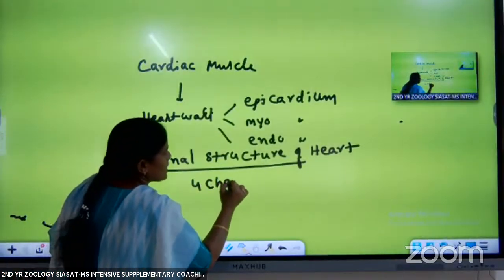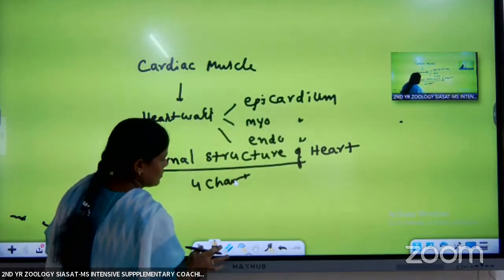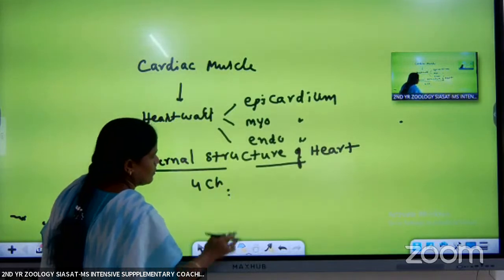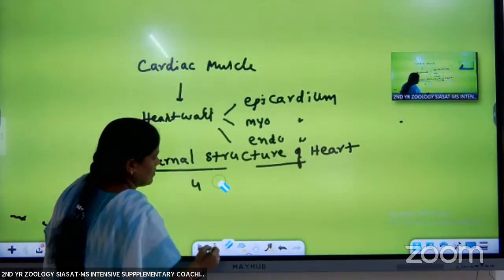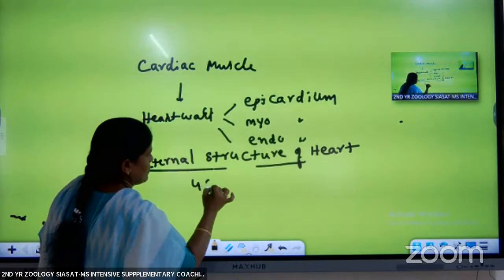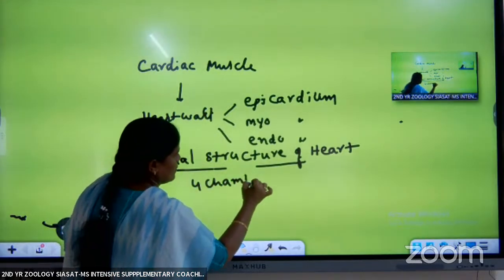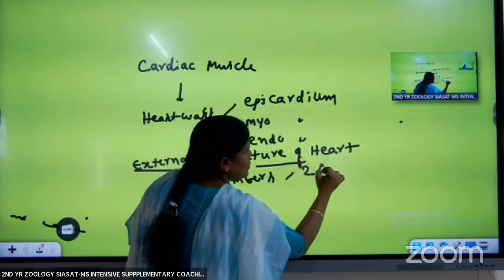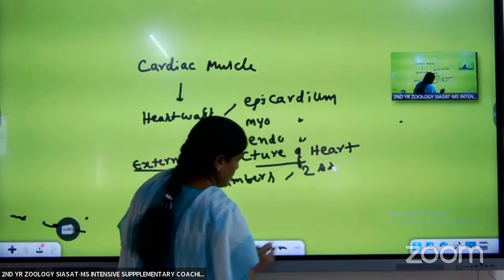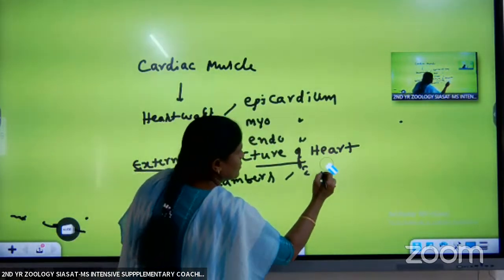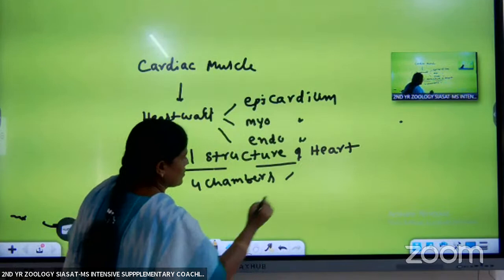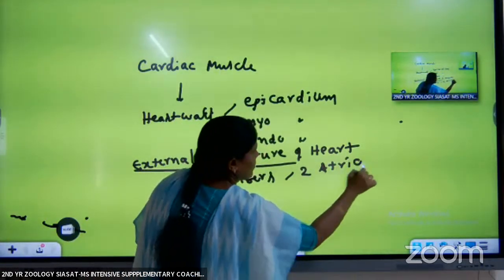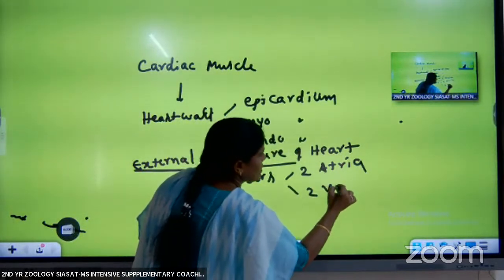The chambers are called two atria and two ventricles.